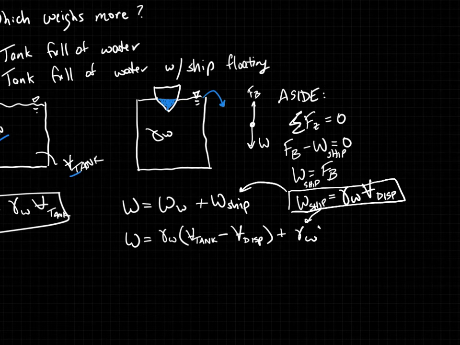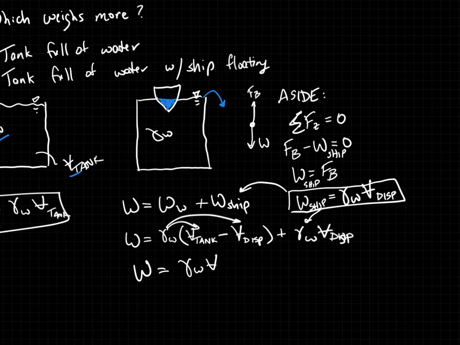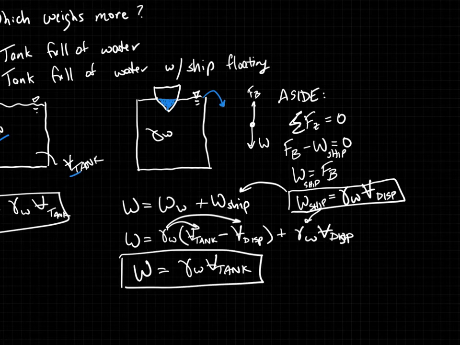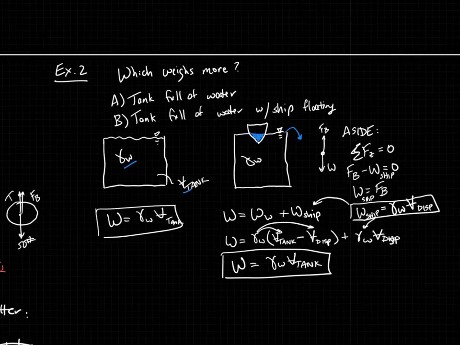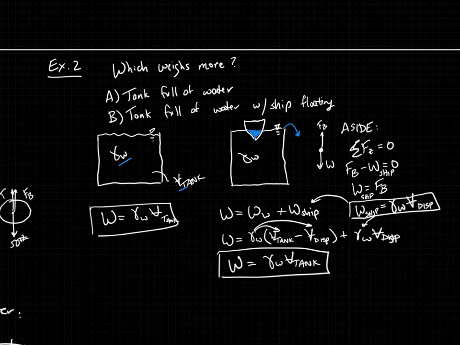Gamma of water times the volume displaced. So the weight equals, if we distribute this gamma W, then we'll see that the gamma W volume displaced cancels, and we get gamma water volume tank. Now we're ready to compare, and look at that, they're the same.